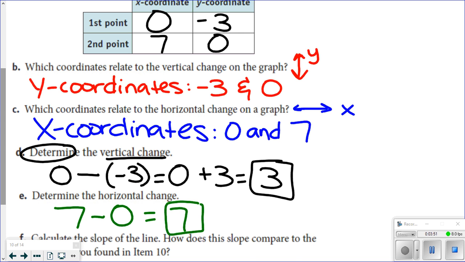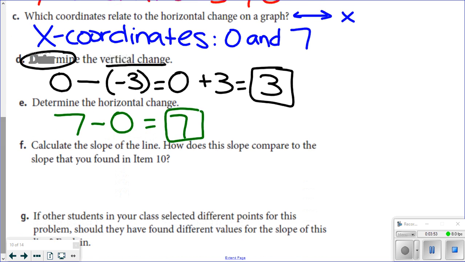So my vertical change is 3, my horizontal change is 7. Remember, slope, if we're going to write this, it's vertical y divided by horizontal, which is x. So my slope is 3/7. That doesn't reduce or simplify, so we're going to leave that.